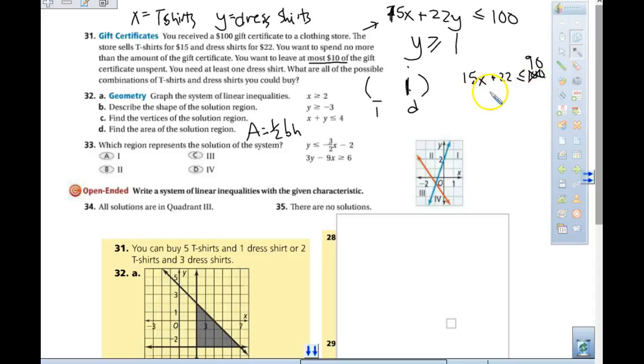And so now when I solve, I can subtract 22 from both sides, and I say 15x is less or equal to 68. And if I divide by 15, x comes out to equal what? 68 divided by 15, it's going to be a decimal, right?